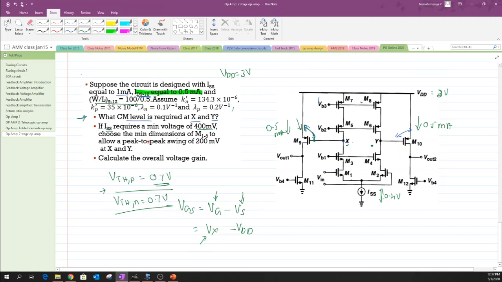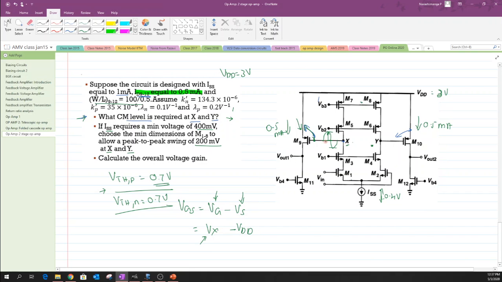And also choose the minimum dimensions of these structures where you are allowed to have a peak to peak swing of 200 millivolt at node X and node Y. So this means that at each node you have a swing of 200 millivolt peak to peak, and from the base value it can go all the way up to a peak value defined by 100 millivolt plus this base value, and this base value is nothing but the value of Vx that we computed in the first question.